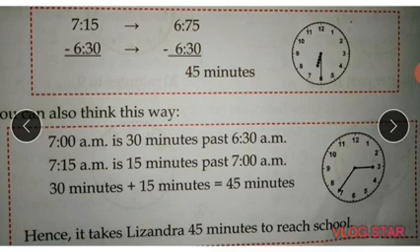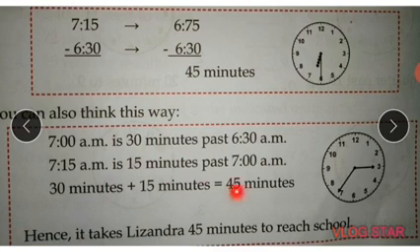Another way of solving this one: from 6:30 to 7, that is 30 minutes past 6:30 a.m. Next, from 7 to 7:15, that is 15 minutes past 7 a.m. So we have 30 minutes and 15 minutes, and we just add these two elapsed times in between the divided time.